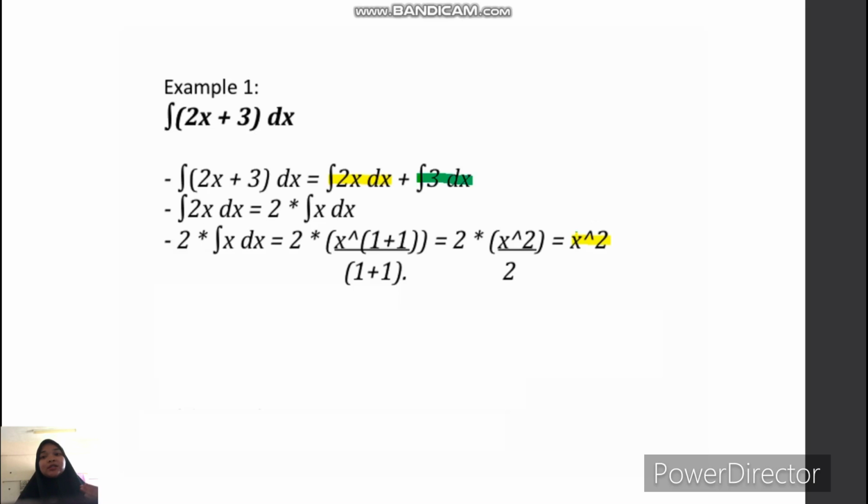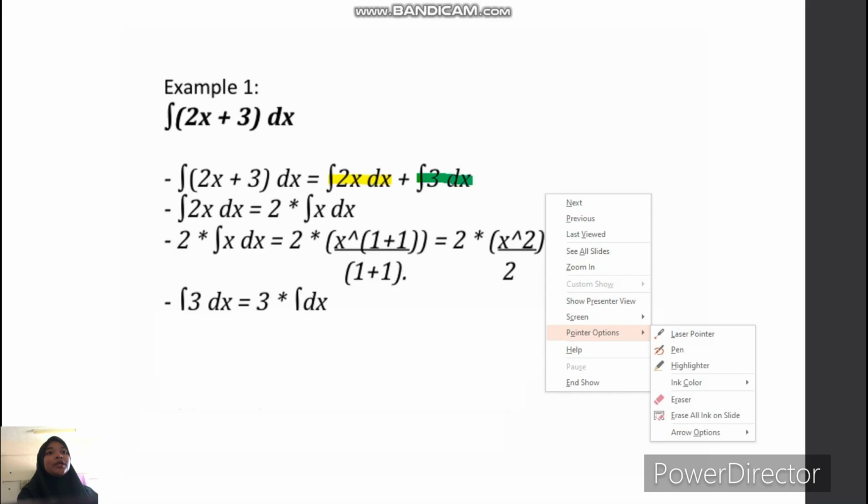So let's solve term number 2, which is 3 dx. We must make it into x dx first to find the n. After we do that, we know that n for the second term is 0.